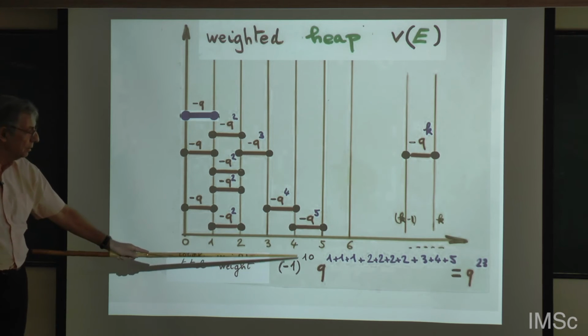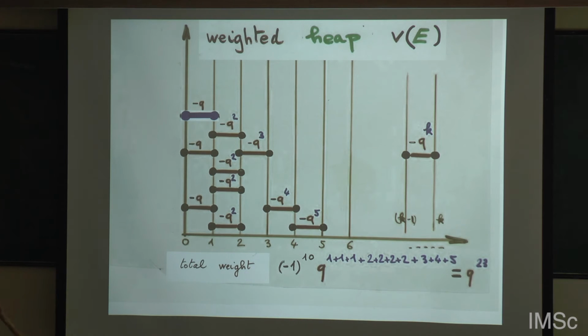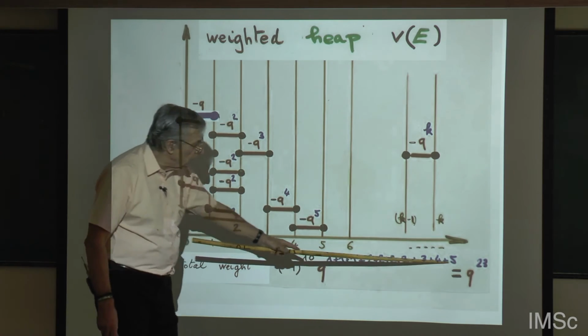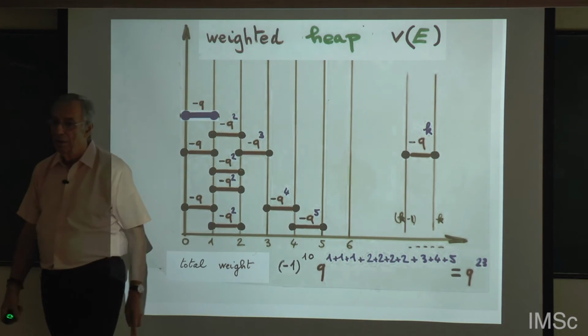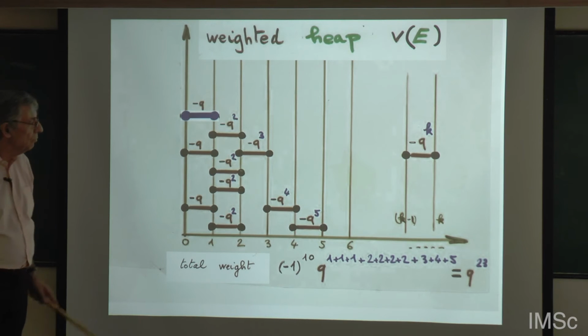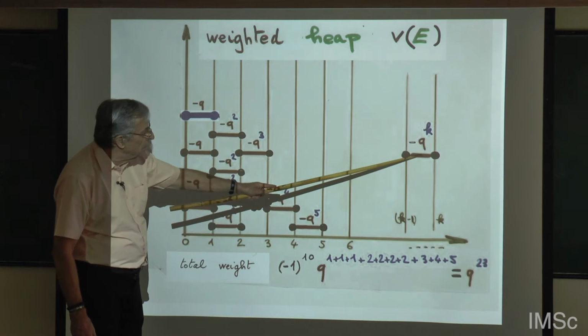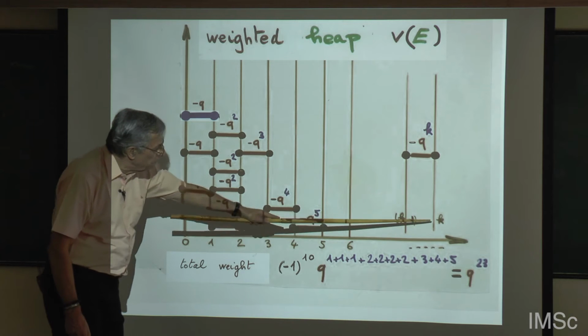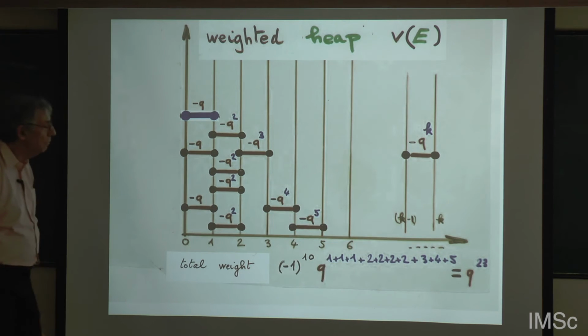So there is a minus 1 power the number of dimers, and q power all this sum where you recognize a certain partition of integer. So the weight of any dimer is minus q power k, if the projection is k minus 1, k.